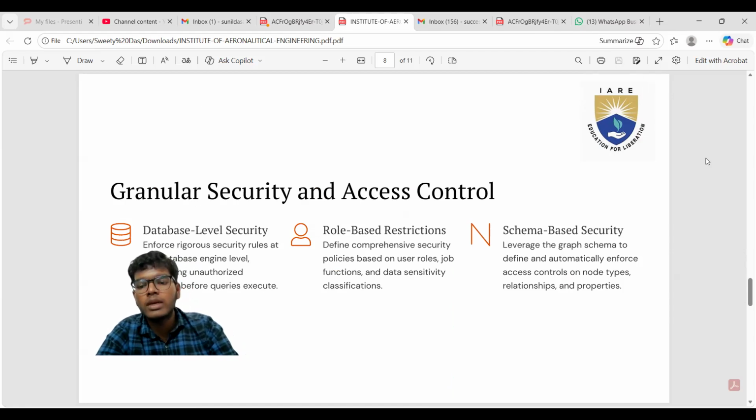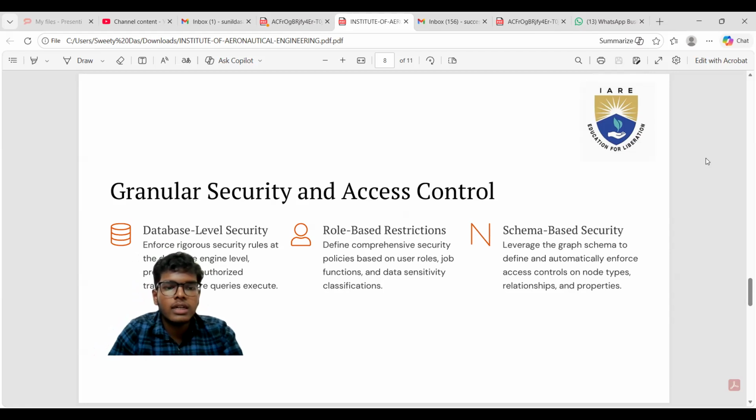We also use role-based restrictions based on job function, and schema-based security, which uses the graph's own structure to automatically enforce access rules on specific nodes or relationships. Database level security enforces rigorous security rules at the database engine level, preventing unauthorized traversal before queries execute. Role-based restrictions. Schema-based security.